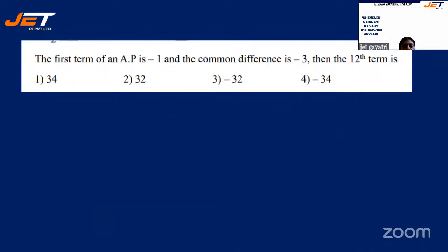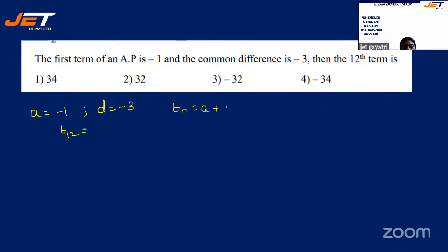The first term of an AP is minus 1 and the common difference is minus 3. What is the 12th term? So this is yet another easy one. First term is A, common difference is D. So T12 is, what is the formula?